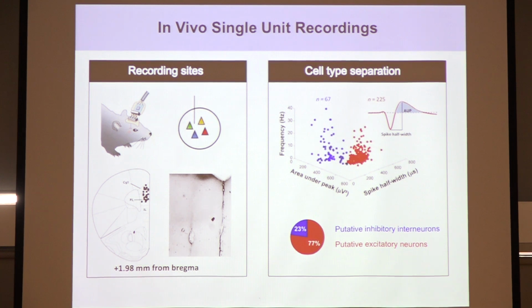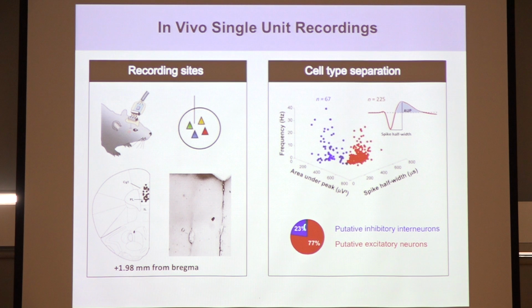And we have used, again, single unit recording from the dorsal part of the prefrontal cortex. Here you have an example of a lesion to identify the recording site in the prefrontal cortex. And again, we have separated the neurons into putative excitatory and inhibitory neurons using the same parameters we have used before.